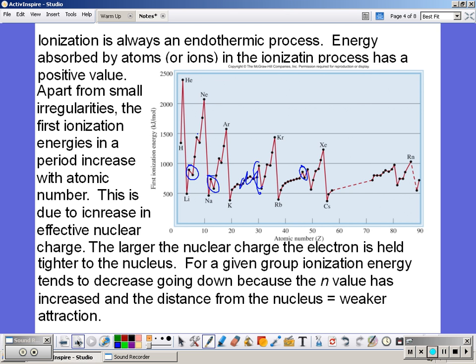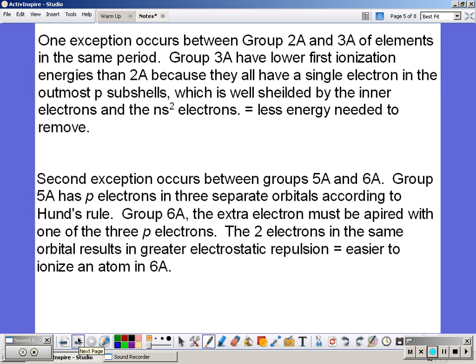Well, that's because 3A has a single electron in the p sublevel, whereas 2A has a full 2s, or s2. So the single electron in the p orbital of 3A is shielded more, so it requires less energy to remove. The second exception occurs between groups 5A and 6A.